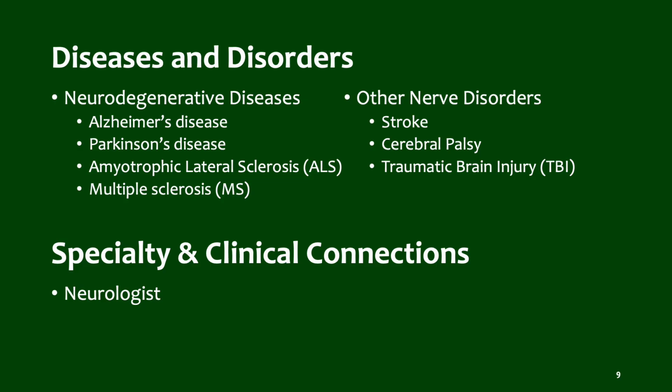They're part of the conversation. Other nerve disorders also include stroke or cerebral palsy, TBI, and more. If you want to focus on these nervous system related specialties, you'll probably need to be a neurologist.